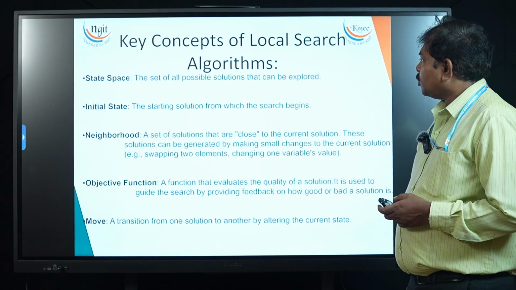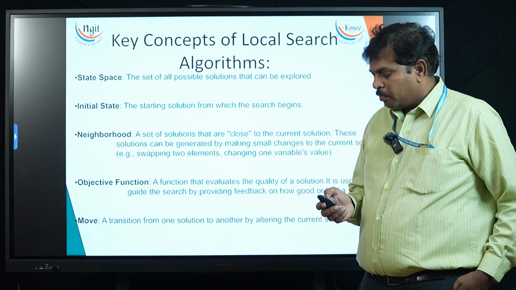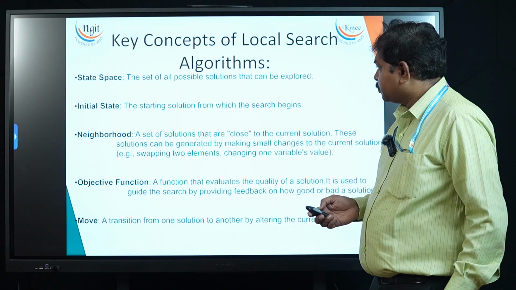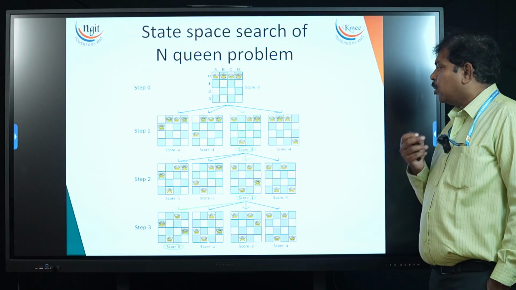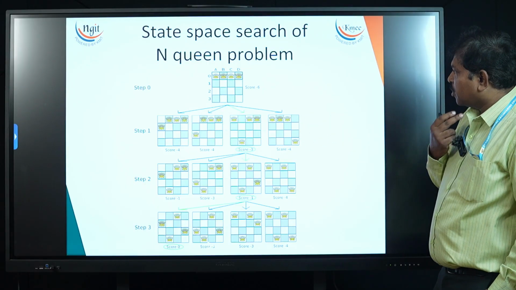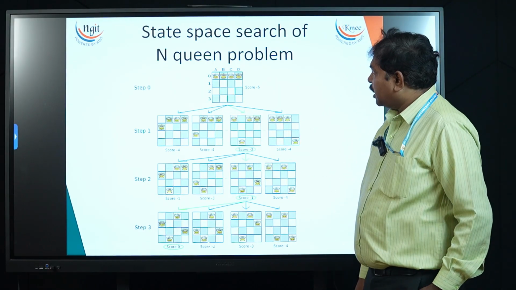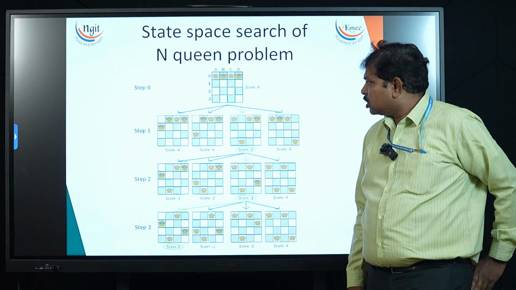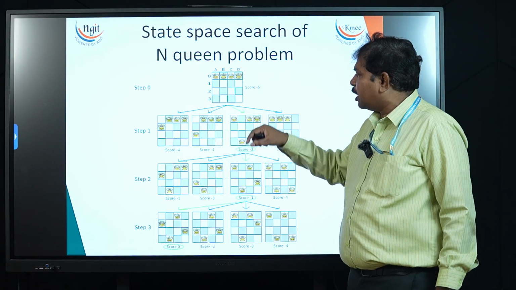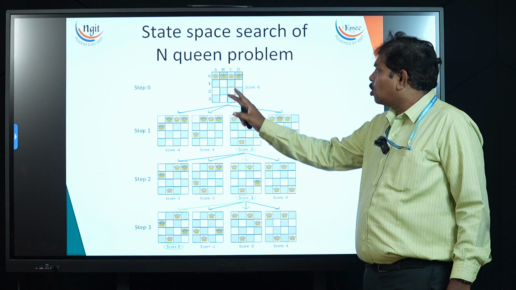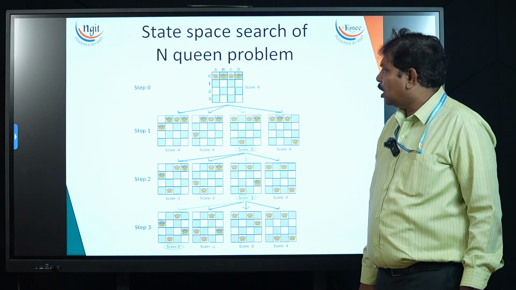So what is the optimized problem and what is a local search problem? See, as we know, we draw a state space search of a problem. We try to find the paths. Suppose we take one n-queen problem. This is one n-queen problem where 4 queens are placed on a chessboard of 4 by 4 board, and now I design one constraint on this board: if somebody wants to play this game and win the game, he should reach a state where no 2 queens are in the same vertical line, horizontal line or diagonal line.